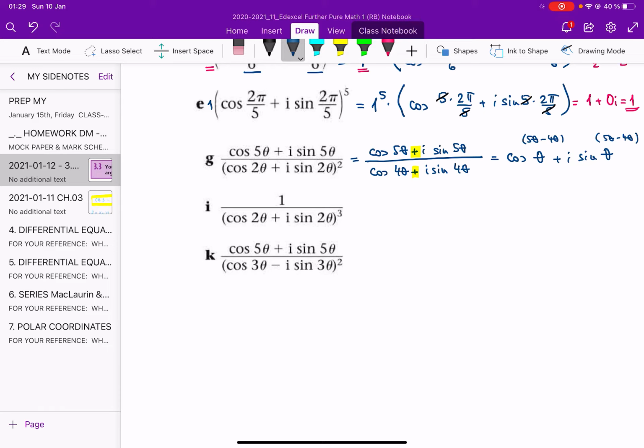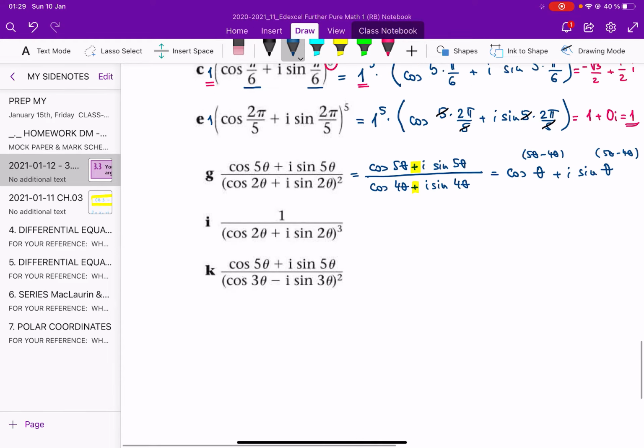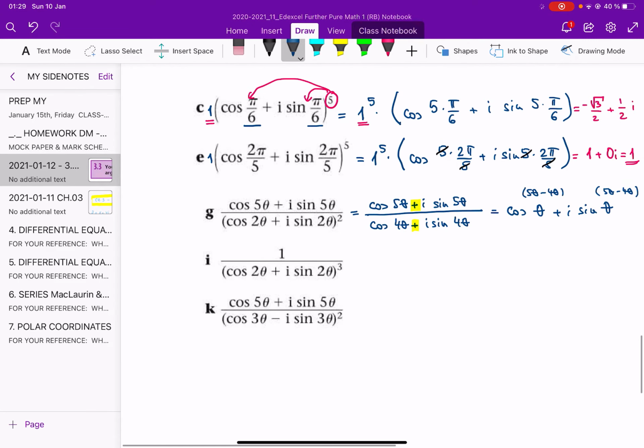For the i case, that's a little bit more interesting. I think I will not have enough space, so I'll write here.